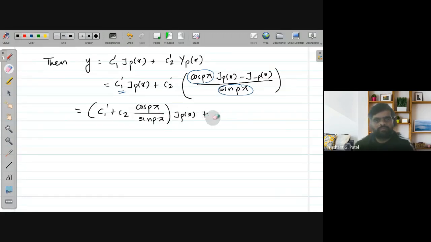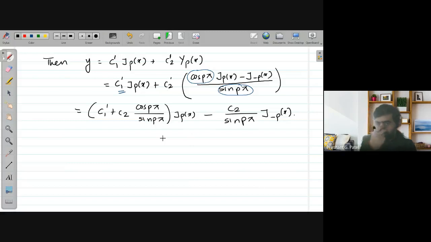Minus, because of the minus sign, c2 upon sin(pπ) J_(-p)(x). And these quantities I may call other constants, so that it is c1 J_p(x) plus c2 J_(-p)(x).